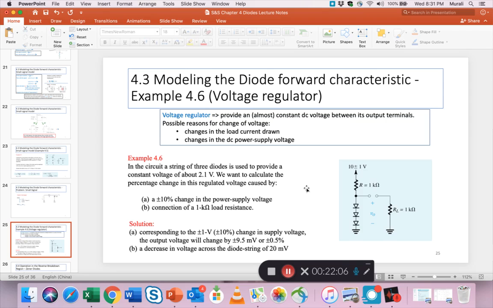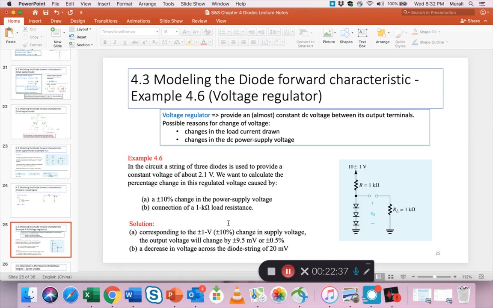Part B, if you actually connect a resistance, we know that as soon as you connect a resistance, even that can screw up the DC voltage. It can cause amps to increase or decrease, and thus voltage can change. So for both these conditions, we are asked to say how much that 2.1 volt will stay the same or change. Okay. Now I've written the solution here already.